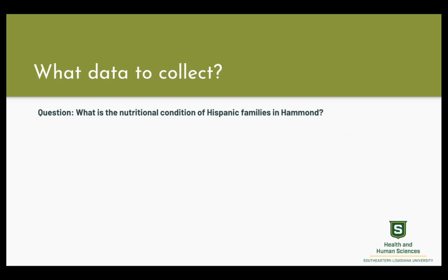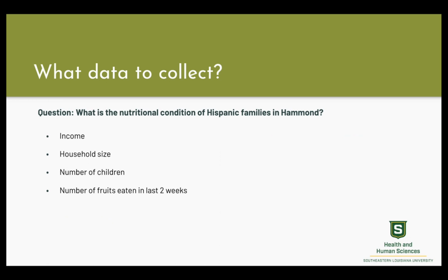Some of the variables that you can collect include the income of the family, household size, how many people live in the home, the number of children that live there.